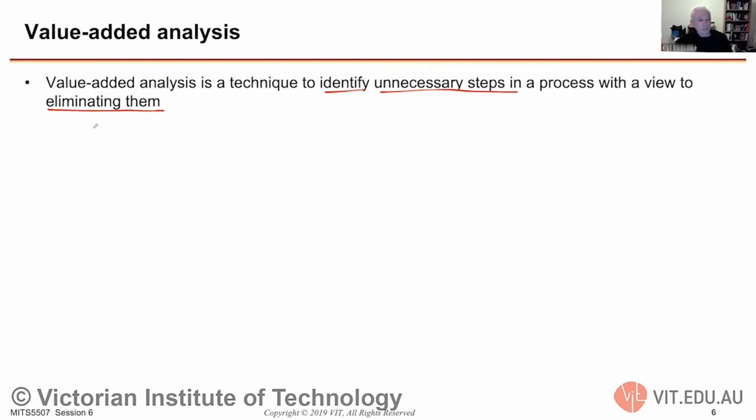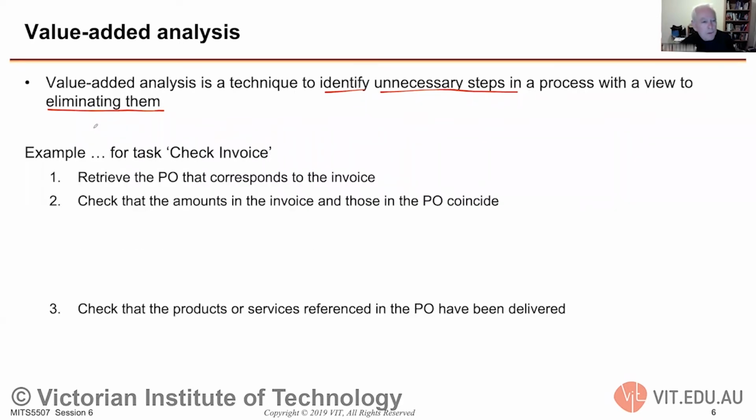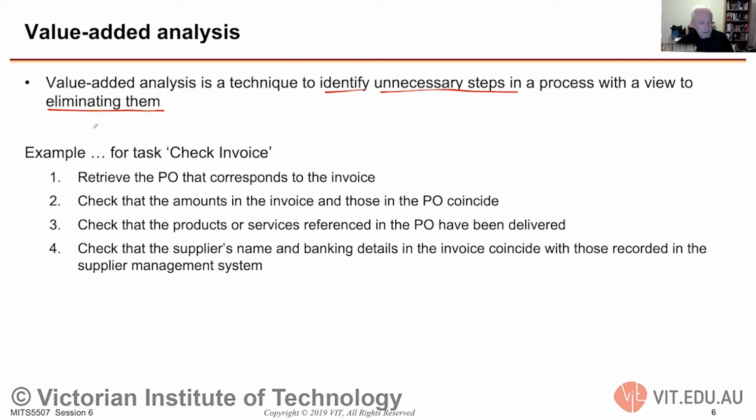So here's an example. For a task, if we want to check an invoice, somebody has bought something from us, and we're going to send out an invoice. To check an invoice, we retrieve the purchase order that corresponds to the invoice. So somebody's obviously ordered something, and we've got to go back to the purchase order and check it against the invoice.